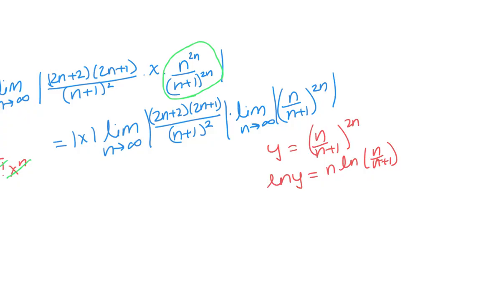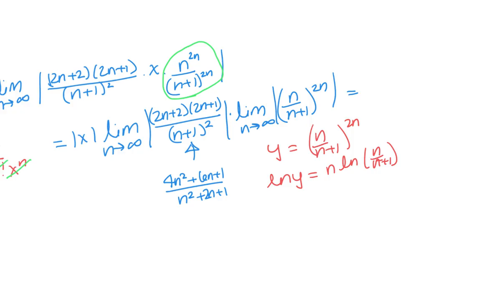Now, similarly, here we're also familiar with this. We're going to have 2n squared times 2n, so that's going to be 4n squared. So 4n squared plus 6n plus 1 in the numerator. The denominator, going to get n squared plus 2n plus 1.